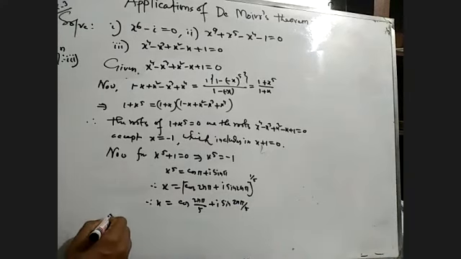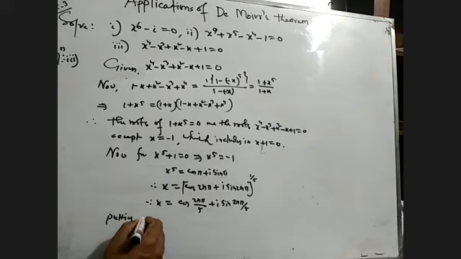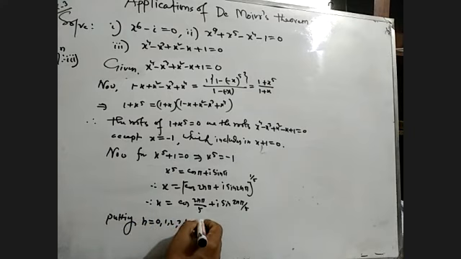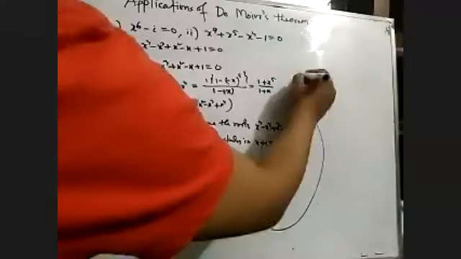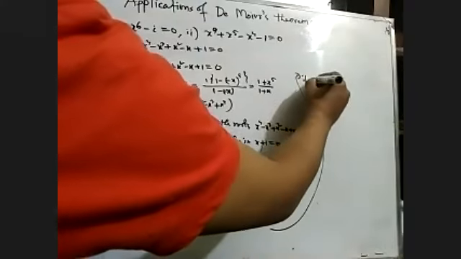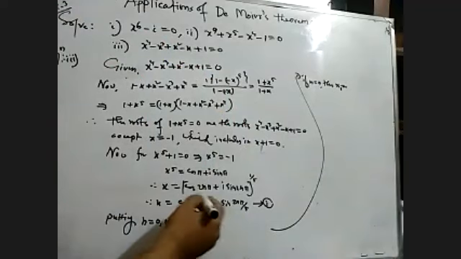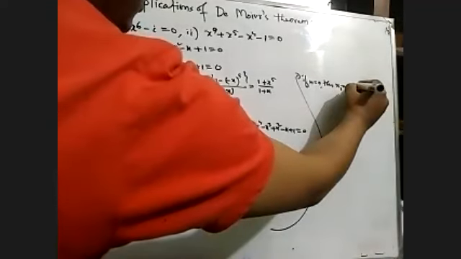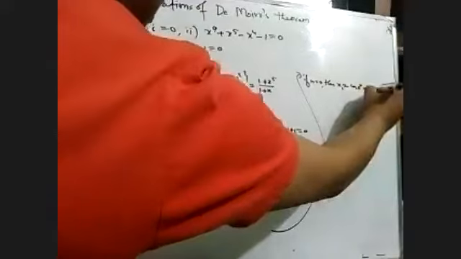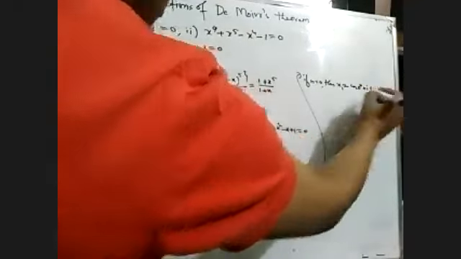Now putting n equals 0, 1, 2, 3, 4, five roots. If n equals 0, then the first root will be what? Cos 0 degree plus i sine 0 degree. That means 1.